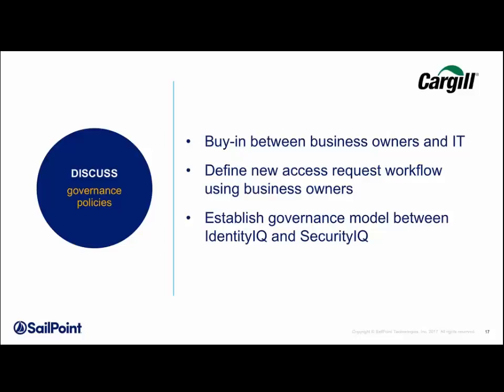Cargill calls them BRMs, which is a business relationship manager. Functionally, a business relationship manager is just a conduit between IT and the business. They speak fluent geek, and they also speak fluent business. So they're very valuable for us as an IT organization, in that we can use our geeky terms, and hopefully the folks on the other end can interpret what we're trying to say, which certainly helps us out.